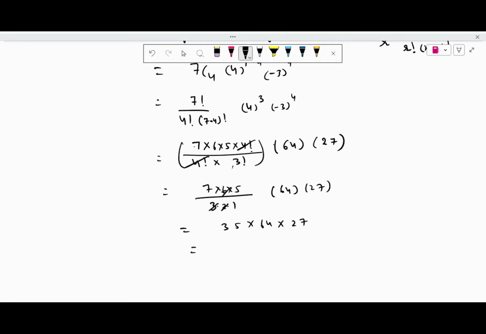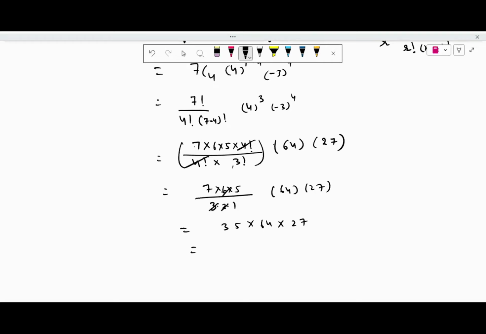It continues till 1. But since we can observe that in the denominator we have factorial 4, so to cancel them, we just stopped there. Means 4 into 3 into 2 into 1 can be written as factorial 4.